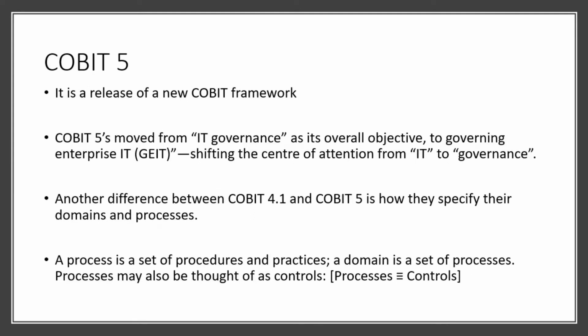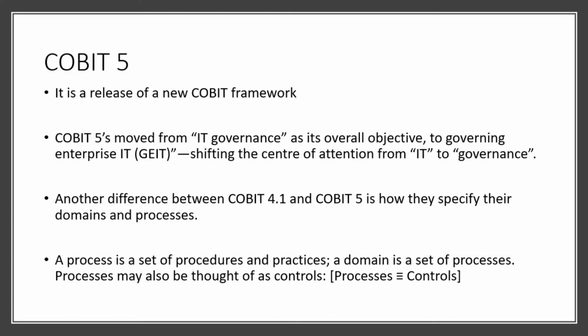COBIT 5 is a release of the new COBIT framework. COBIT 5 moved from IT governance as its overall objective to governing enterprise IT, to give governance more center stage. Another difference between COBIT 4.1 and COBIT 5 is how they specify their domains and processes.